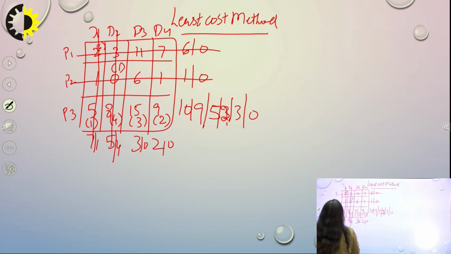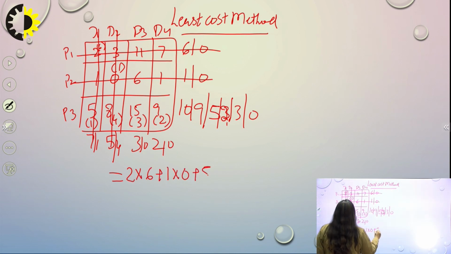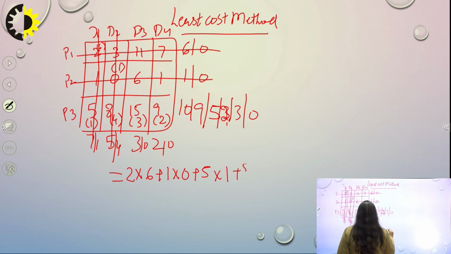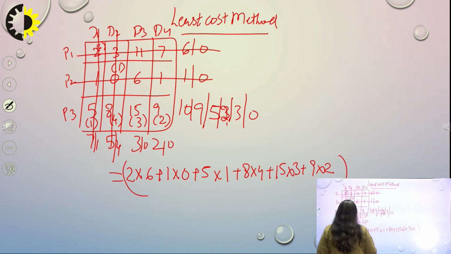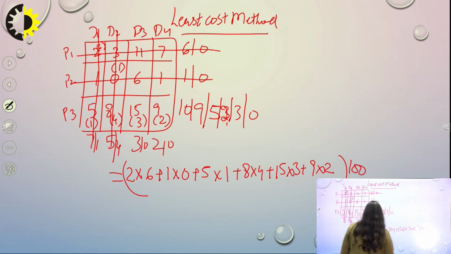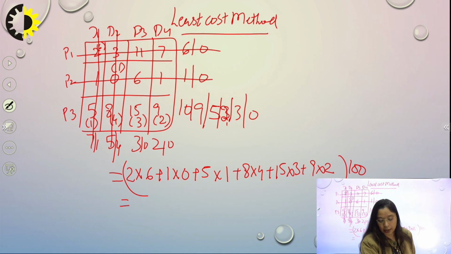Now we will find out the cost associated with the least cost method. 2 into 6 plus 1 into 0 plus 5 into 1 plus 8 into 4 plus 15 into 3 plus 9 into 2, into 100. So the total cost with this least cost method comes out to be around 11200.